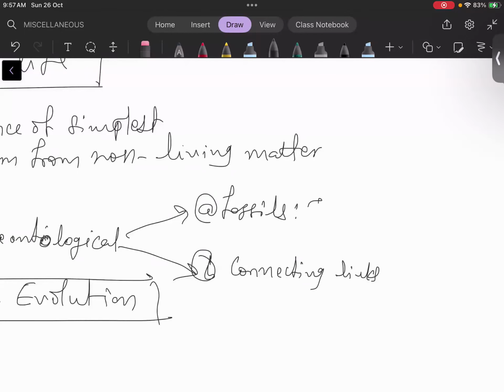Impression of an animal or plant present in the earth crust.